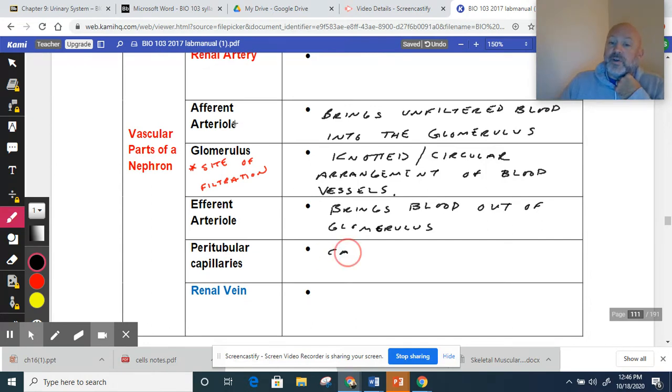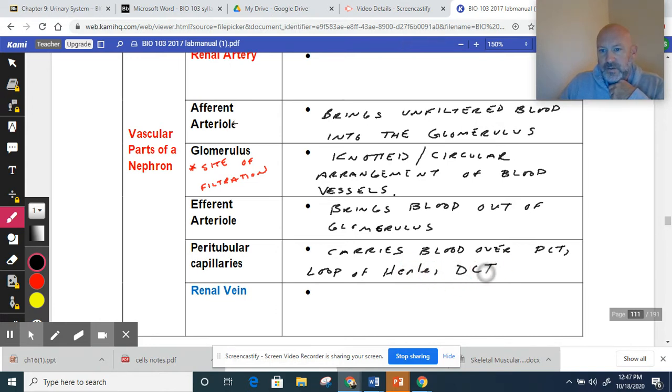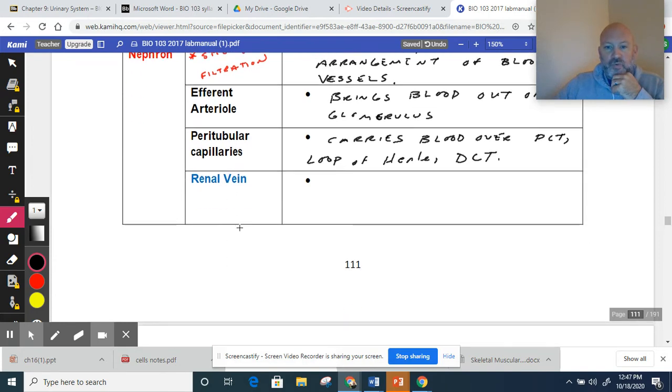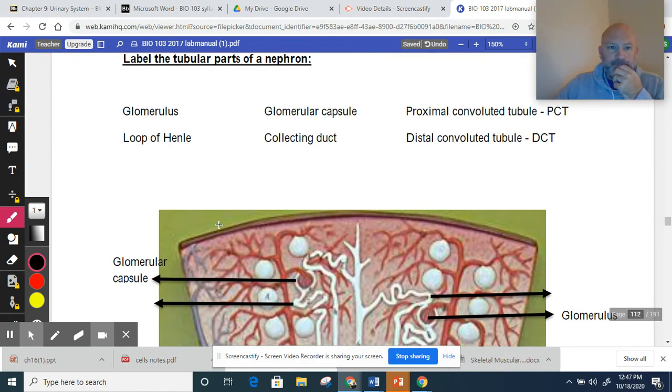So this carries blood over the proximal convoluted tubules, over the loop of Henle, and then over the DCT, distal convoluted tubules. And then that blood would be completely filtered. The items that are needed would be reabsorbed back into the blood. Secretion would happen at the very end. And then this filtered blood would leave the kidney through the renal vein, which we already did.